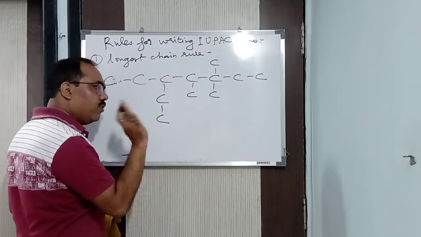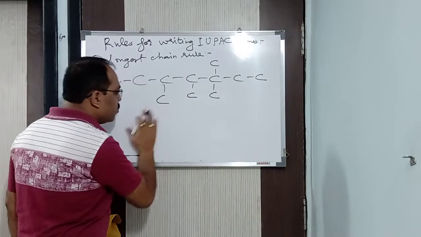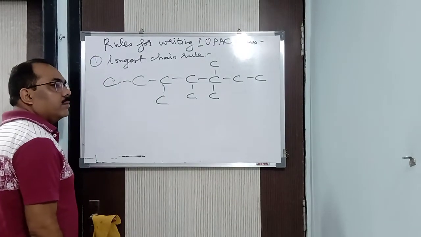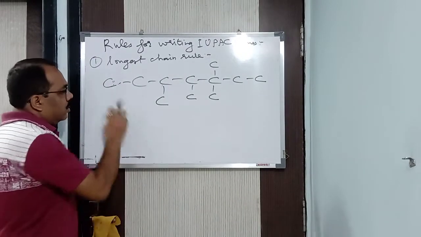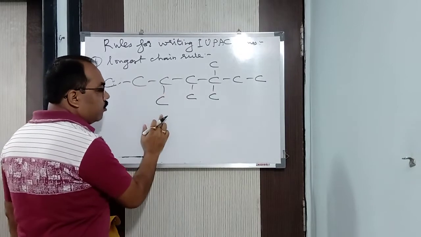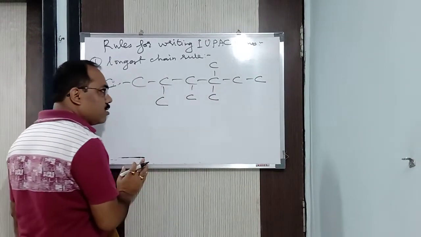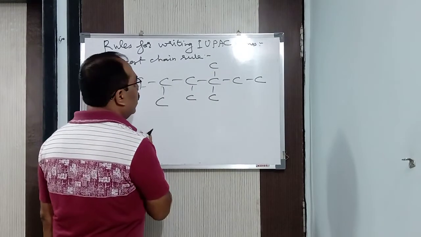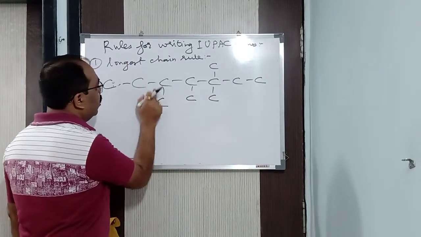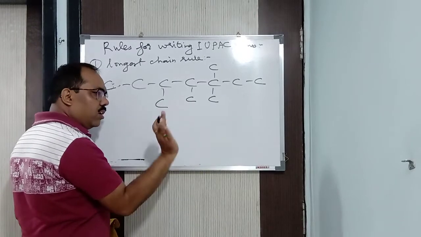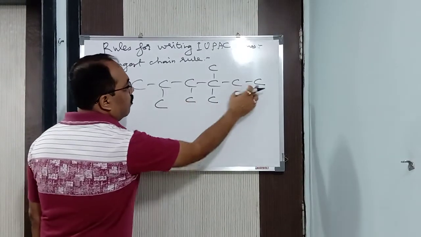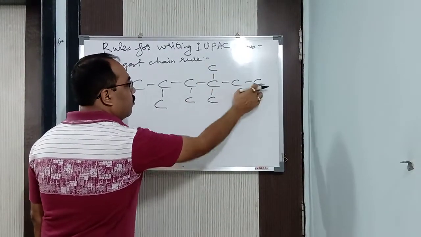Now, for example, forget about the branches. Suppose I remove one carbon. Okay, children, concentrate. Now you see 1, 2, 3, 4, 5, 6. It is having 6. Now say, sir, I will count it in another way also. 1, 2, 3, 4.